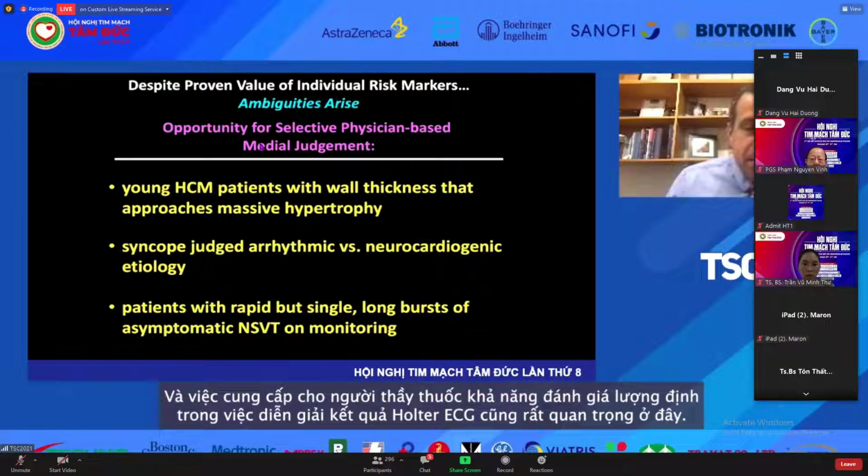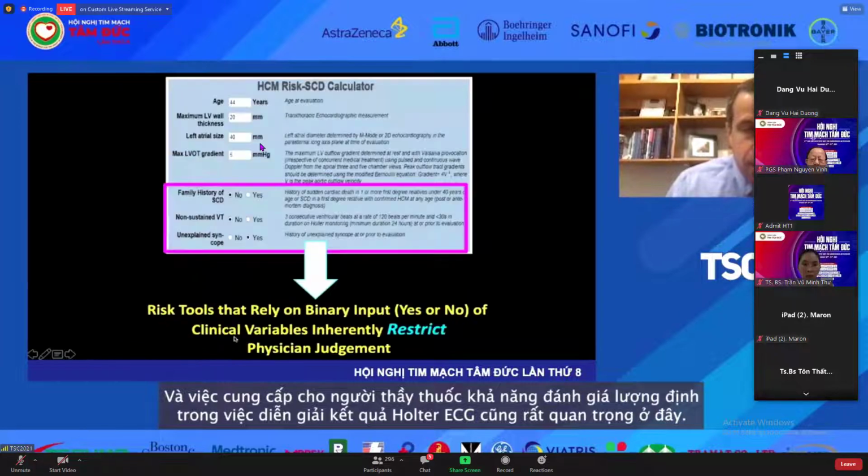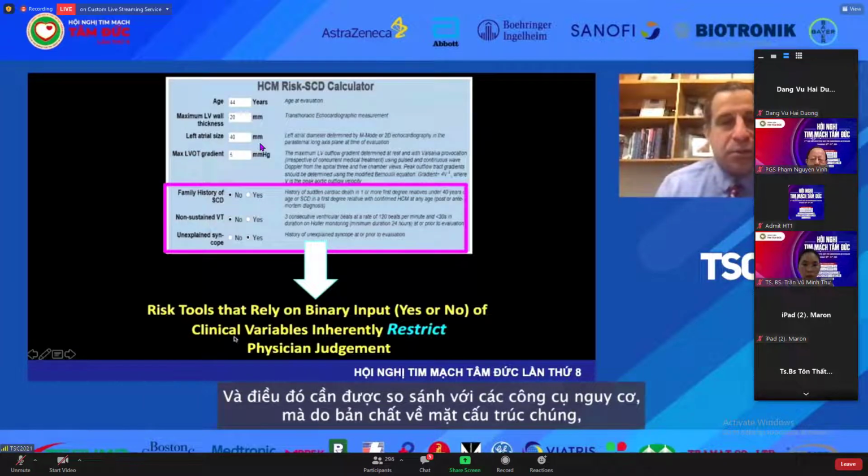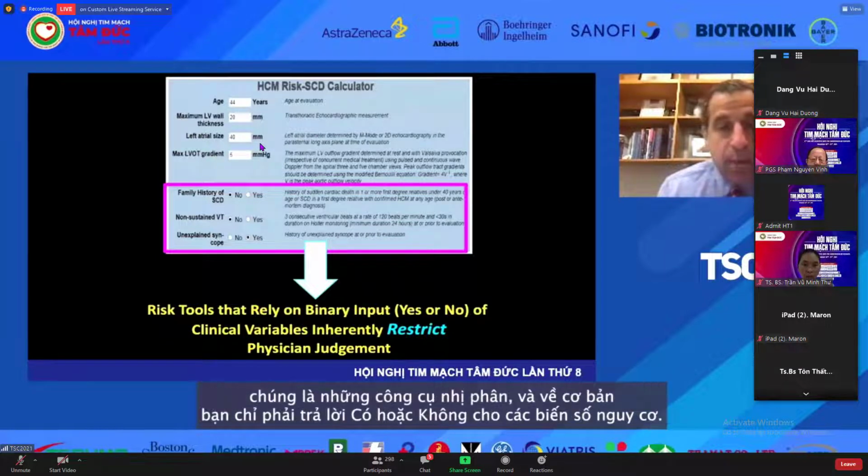That ability to provide physician judgment and reasoning in terms of interpretation of the ambulatory monitor is also really important here. And that has to be contrasted to the risk tools, which, by their very nature, are binary tools. You have to essentially say yes or no to different risk variables.